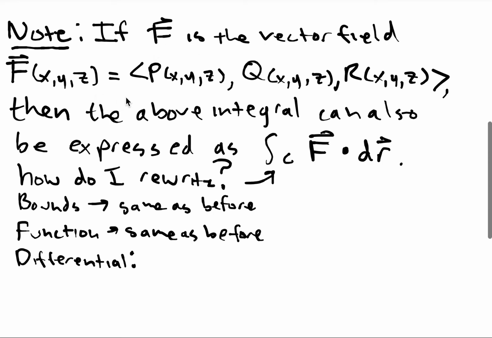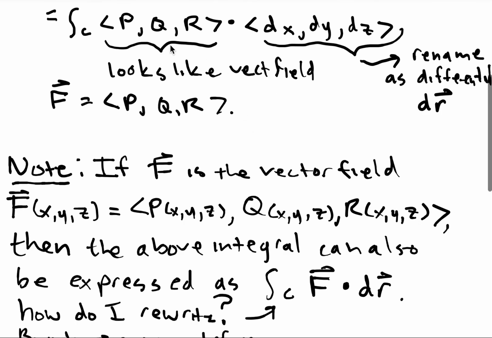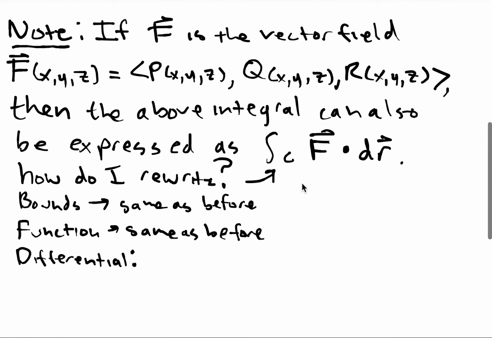If we've got this vector field that came about from these p, q, and r functions, what I just expressed that above integral as is, here is my f, okay, and here is my dr. So the compact way to express this vector field integral that we're taking, that p dx plus q dy plus r dz, the compact way to do it is just say f dot dr. So this is a line integral because we are still integrating over C here, over a curve C. This is a line integral of a vector field, no longer of a scalar function, okay?